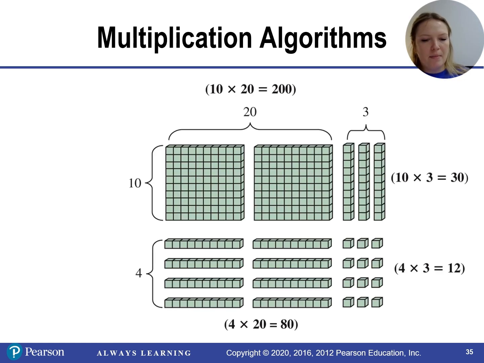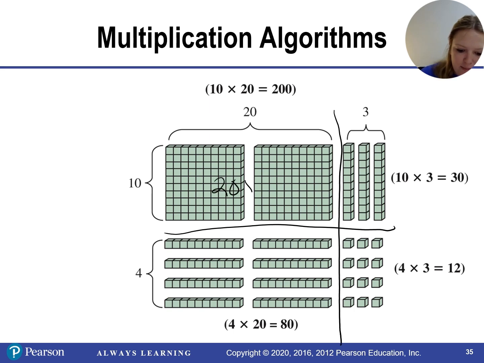So with that same multiplication, I could think of it with the base 10 blocks using a similar area model where I have 2 of my 10s and 3 1s as my number of columns, and 1 ten and 4 1s, and I can see the 4 different portions of this multiplication if I split it up this way. So 20 times 10, 20 times 4, 3 times 10, and 3 times 4.